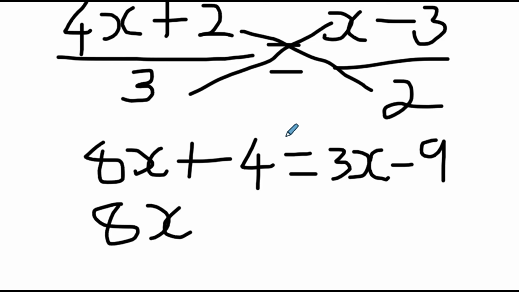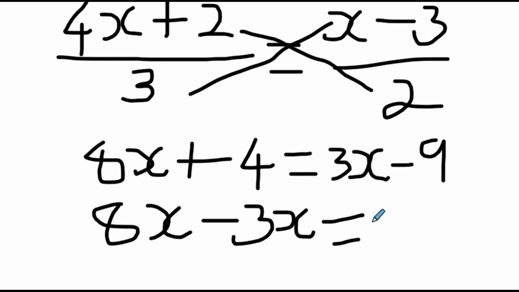If 3x moves over to this point, it becomes minus 3x equals minus 9 minus what? 4. There is plus here. If it moves to this point, it becomes minus.